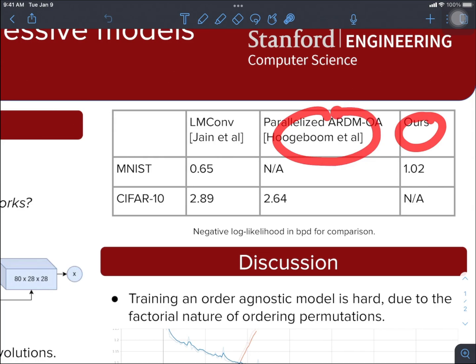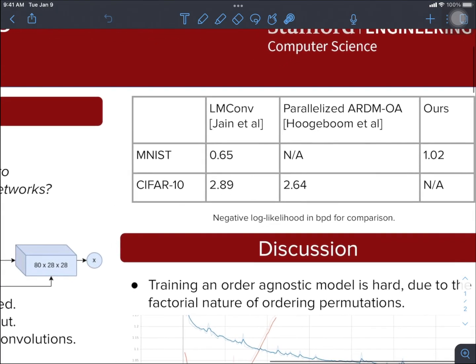This is my model. This is the model that was in the paper that proposed the parallel sampling technique. And this is the model in the paper that proposed the order-agnostic convolutional structure. And for their model, they only trained it on 8 permutations to see significant results. So obviously training on all permutations is a tall order.